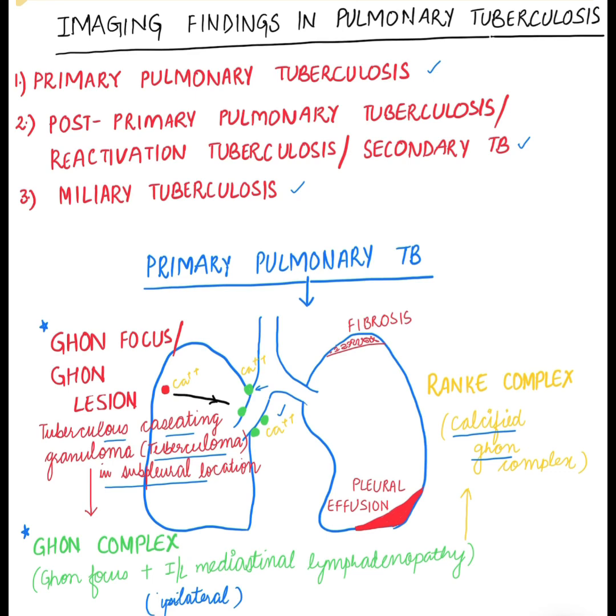And the third is the Ranke complex. What is the Ranke complex? It is a calcified Ghon complex. It means a calcified Ghon focus plus calcified mediastinal lymph nodes.